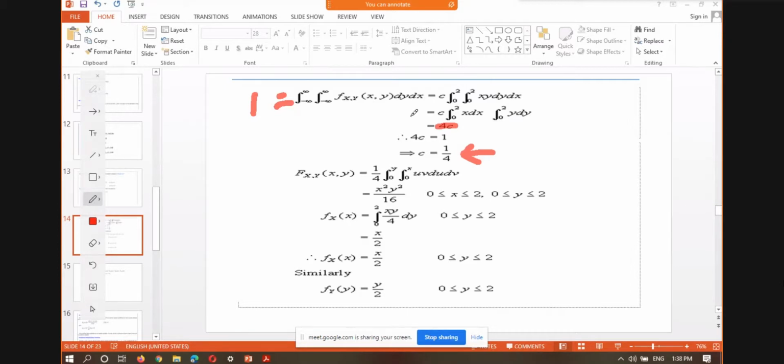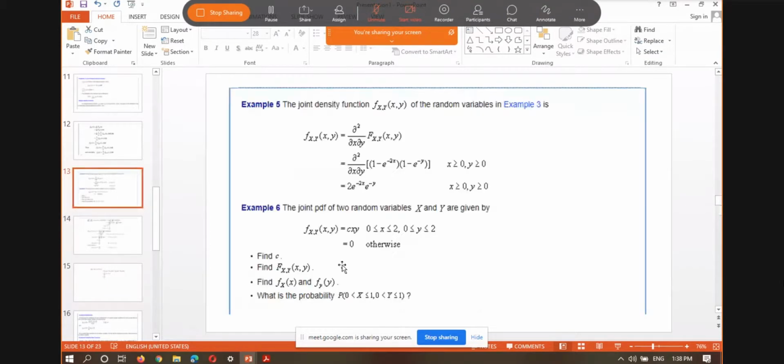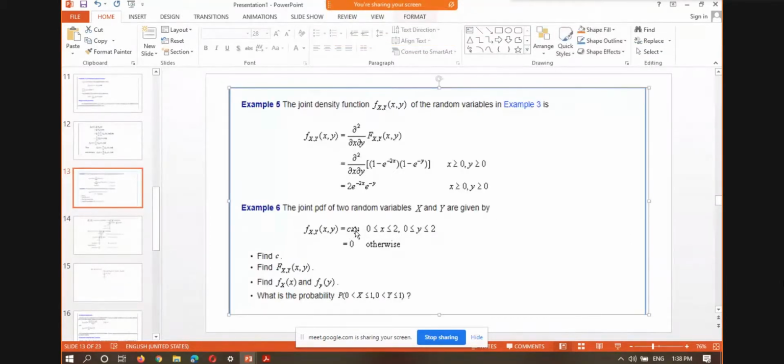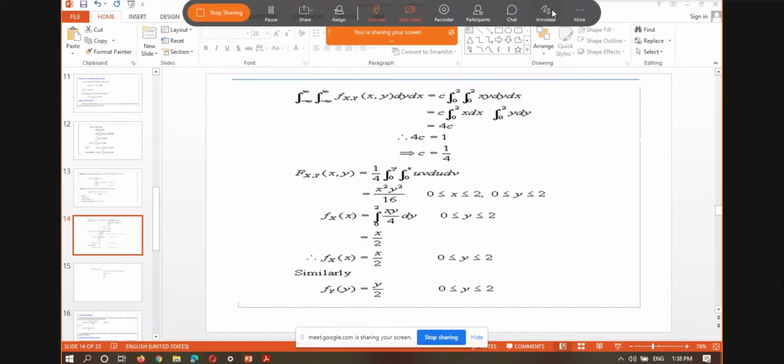Now we have obtained the value of c, and we substitute this value of c here. Then we try to calculate the joint distribution function from the joint density function.